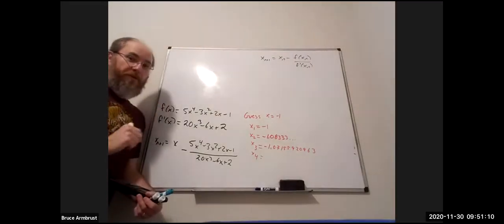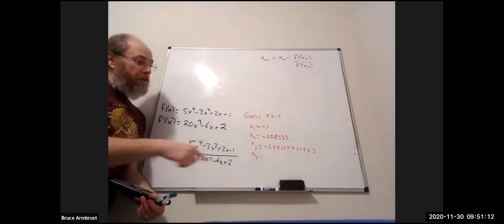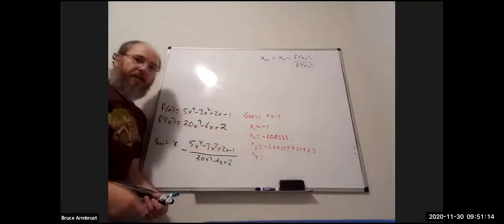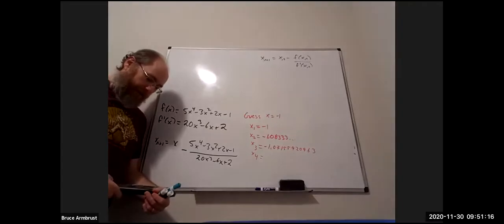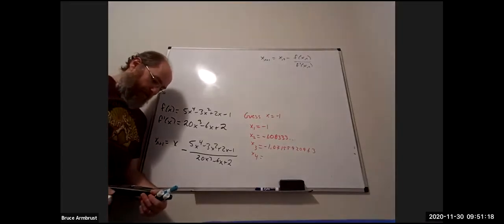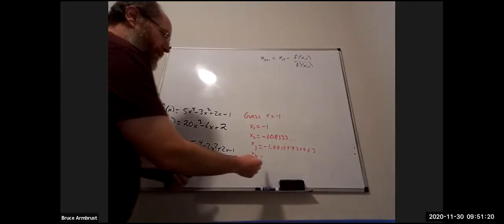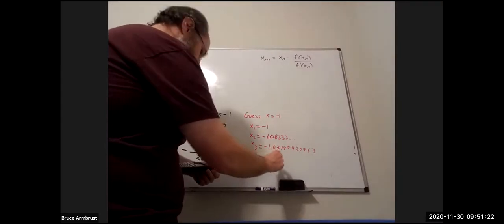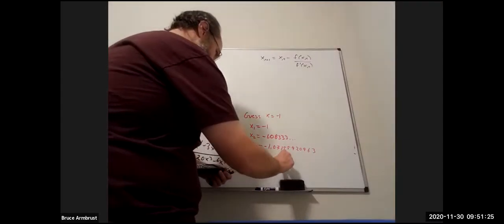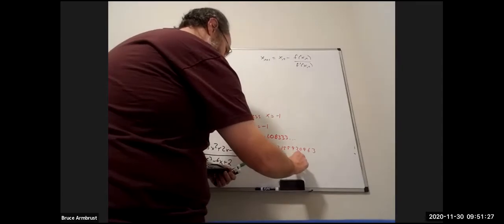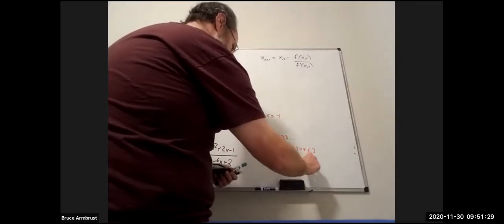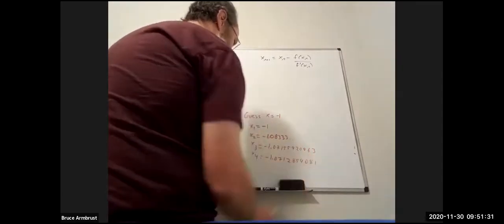We are close. I know we're close because it didn't change much as I went from x2 to x3. Okay, so I just did it one more time to get my x4. -1.0712854081.